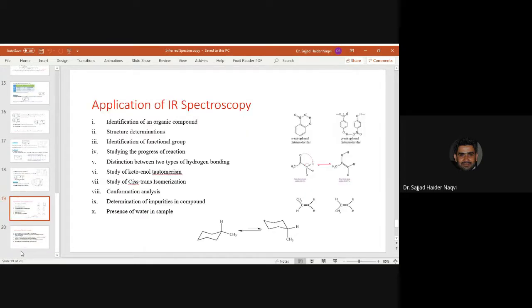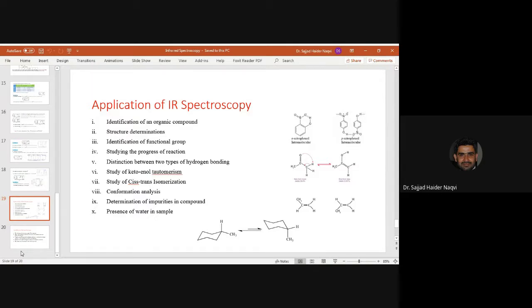So finally, we're going to end up with a few of the applications of IR spectroscopy. As we have gone through the lecture, we identified that IR spectroscopy can be used to identify an organic compound, for structural determination, for identification of the functional group, and also to study the progress of the reaction, because as the reaction is progressing, the structure is changing.